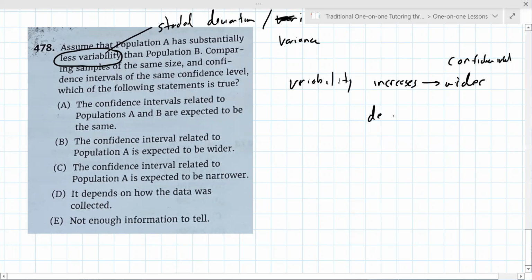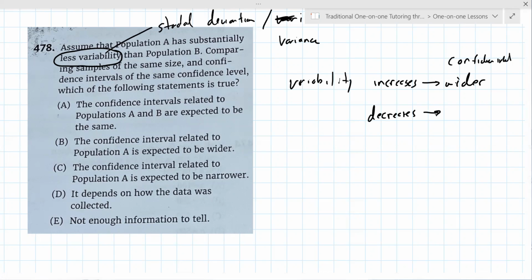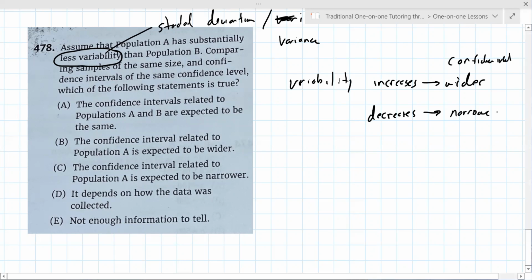Similarly, if there's less variability, let's use Chipotle again. They're always using the same spoon when they spoon in your food. So when they get you a scoop of rice, it's probably the same bowl to bowl or burrito to burrito. The confidence interval gets narrower because there's more predictability in what's going on here. There is a distinction between confidence and predictability, but I'm using them interchangeably for this discussion.